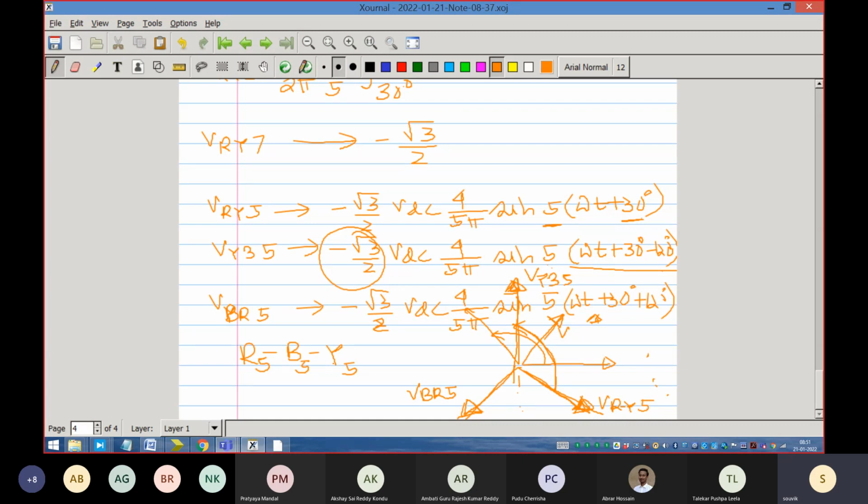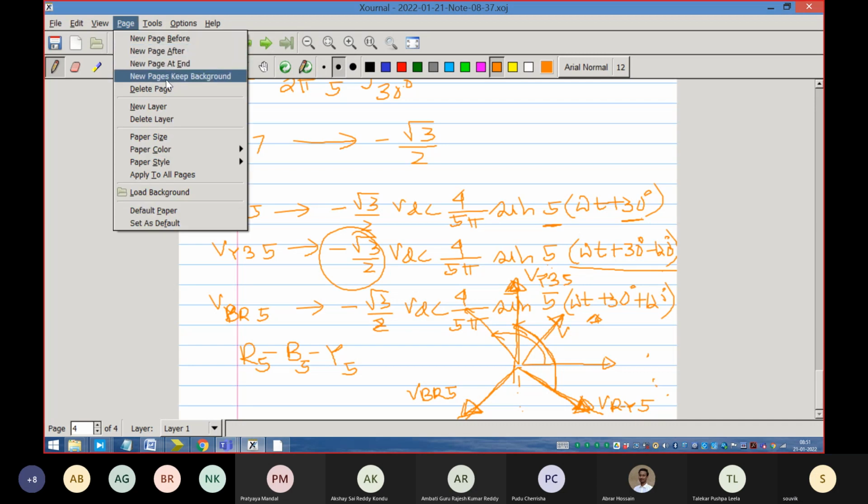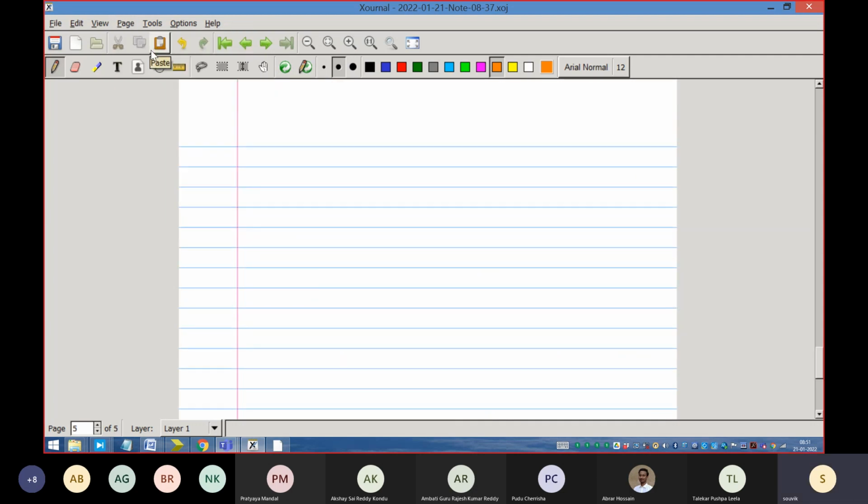What about the seventh harmonic? If I do the seventh harmonic, we'll see that this angle, again we are doing the integration. Seventh harmonic case, the coefficient will still be minus √3/2.